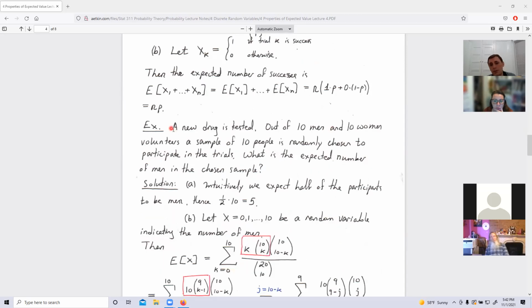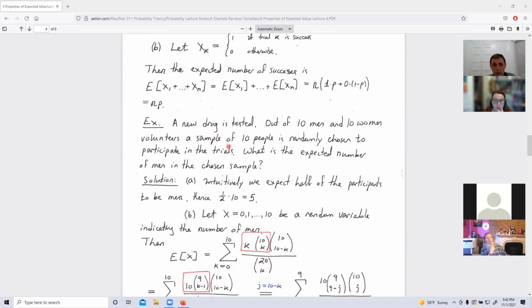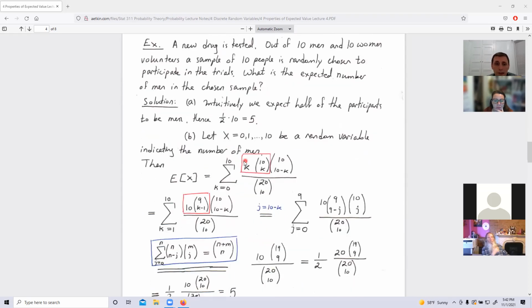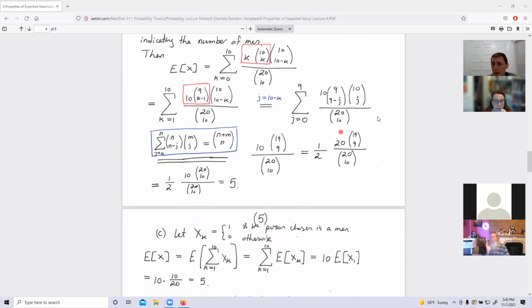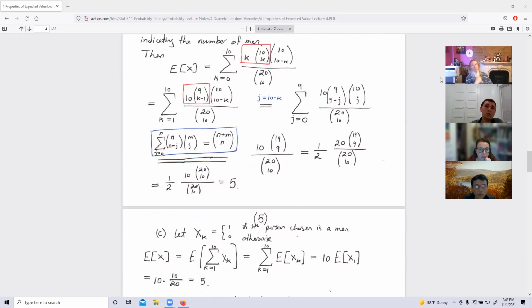Okay, and then we solved this question. That's where I believe we were done. And we tried to illustrate with this question that if you calculate expected value by the definition given in the textbook, you might arrive at this calculation, which is pretty difficult. You can still carry it through, but it's very difficult. And there will be many other calculations which you will not be able to carry through.